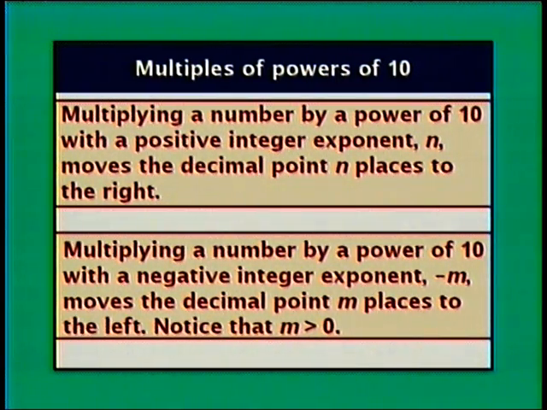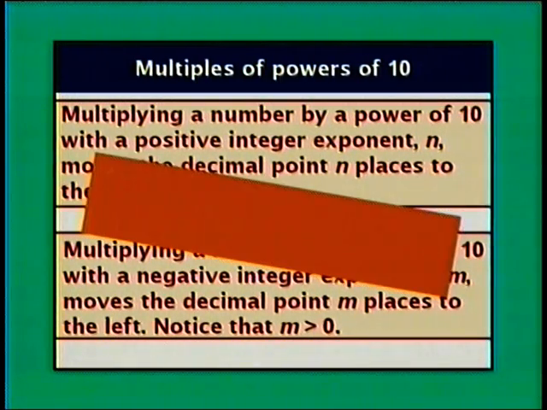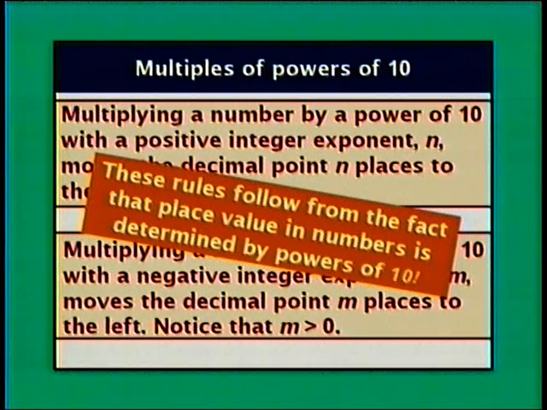Now, some people say that the decimal point moves n digits to the right or left, and sometimes I even say n units to the right or left. N places, n digits, those both mean the same thing. These rules follow from the fact that place value in numbers is determined by powers of 10. That's why this arithmetic is so easy.